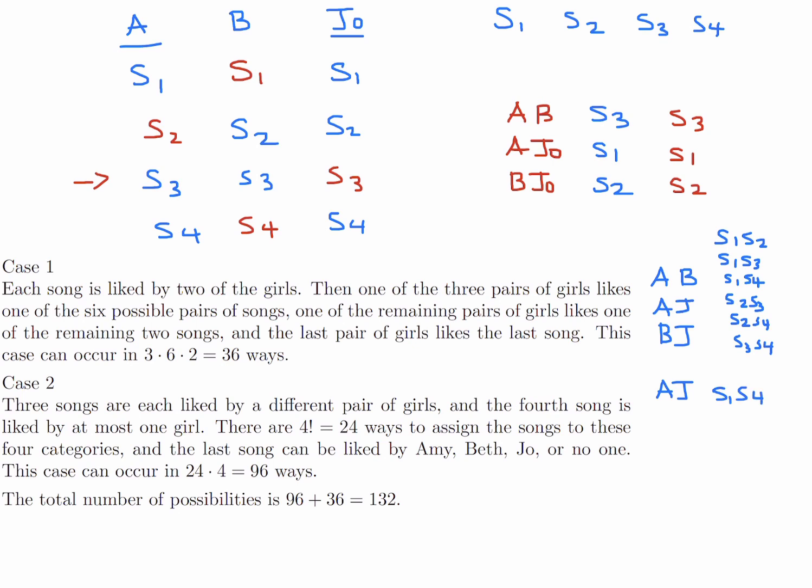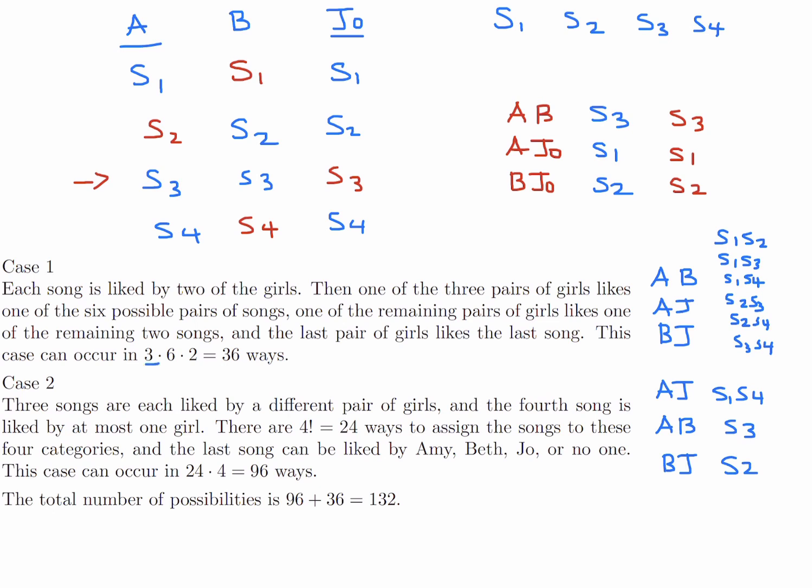And one of the remaining pairs of girls, so for example AB, likes one of the other 2 songs. So AB likes S3. And then there's one song left, and that obviously belongs to the other pair, which is BJ. And BJ likes, obviously, the one song that's remaining, which is S2.